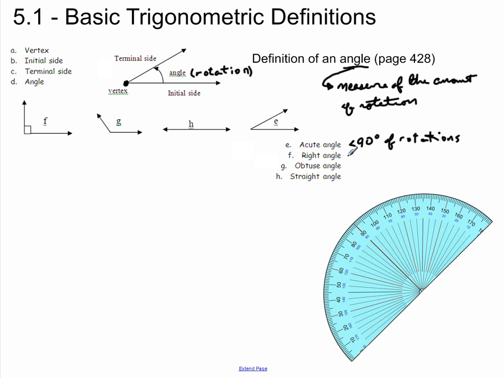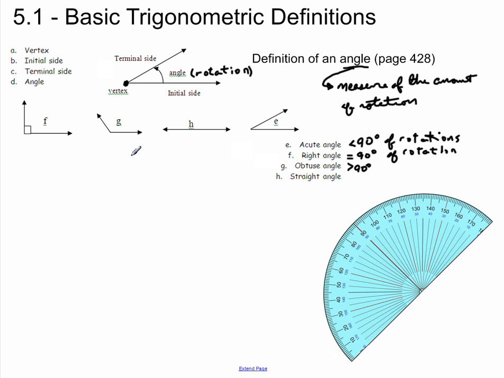The right angle was exactly 90 degrees of rotation. An obtuse angle is an angle that has a measure between 90 and 180 degrees. So for our purposes, we'll say greater than 90 degrees, but not equal to 180 degrees.